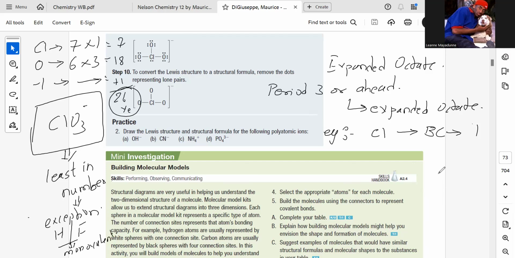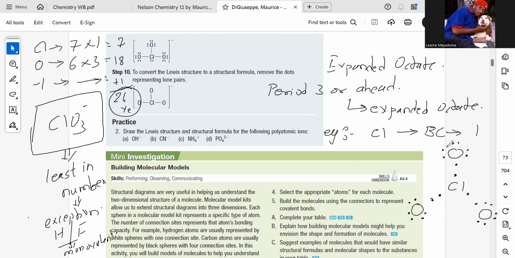Now we have the central atom chlorine, because that is the least in number. And then we have oxygens around it. We give the shared pair of electrons, and then we complete the octet of the extreme atoms.